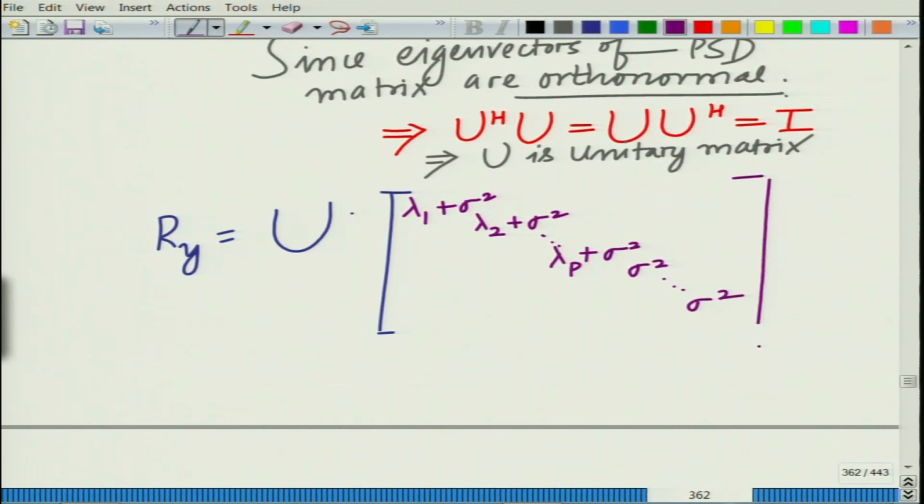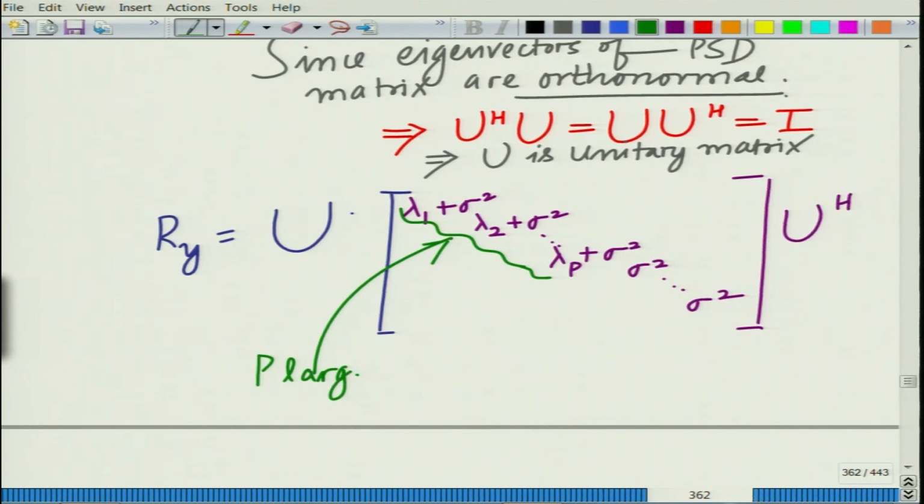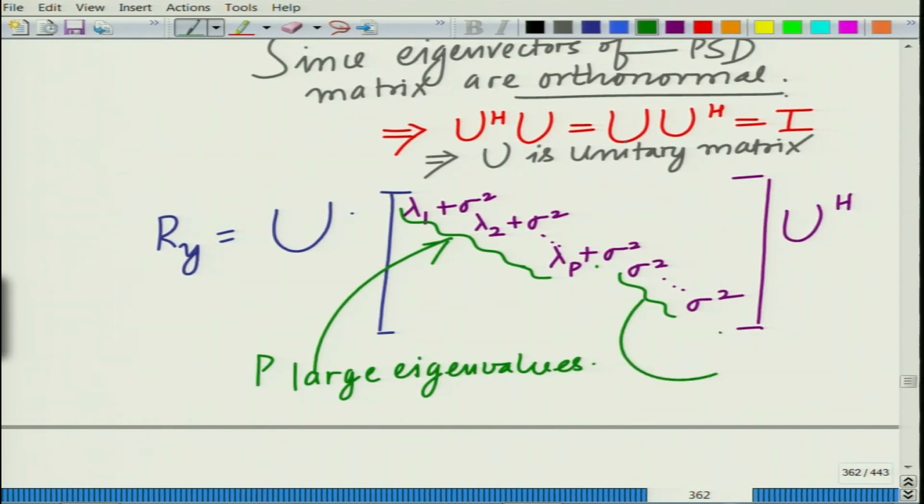So, the rest, L minus p, will be some low value sigma square. So, these are the p large eigenvalues, and the rest, L minus p eigenvalues, are equal to sigma square.